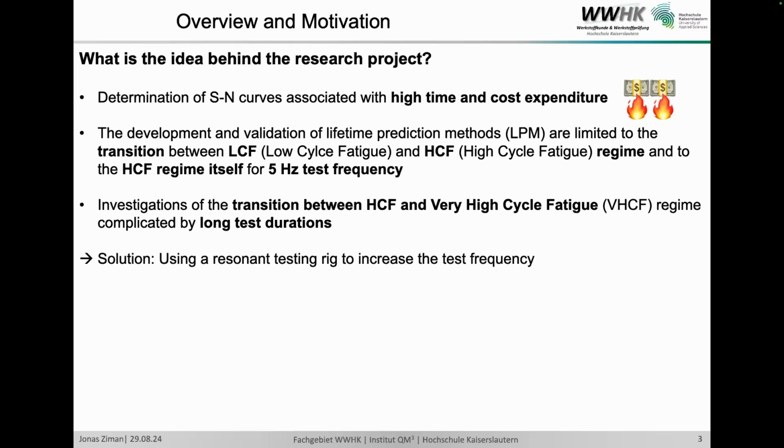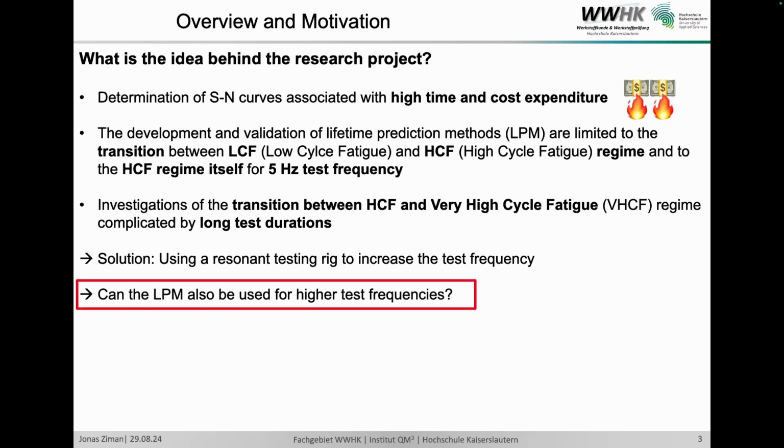Therefore, we started to use a resonant testing rig, which allows us to do higher testing frequency fatigue tests. The question now is, can these lifetime prediction methods also be applied for these higher testing frequencies?